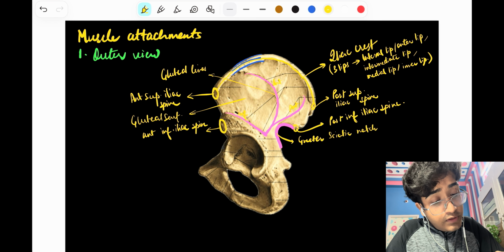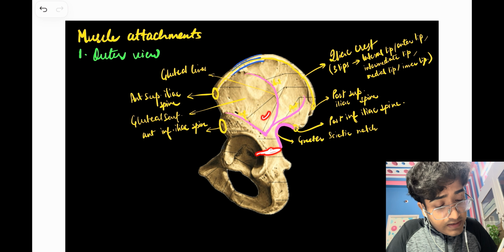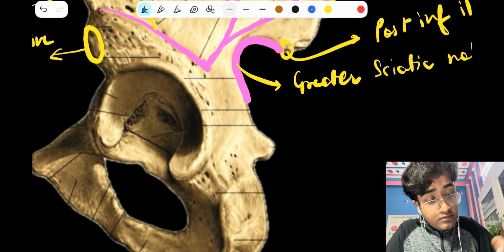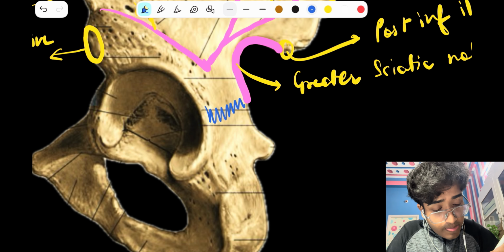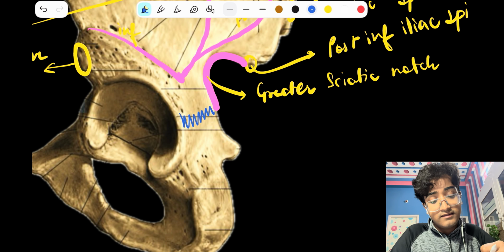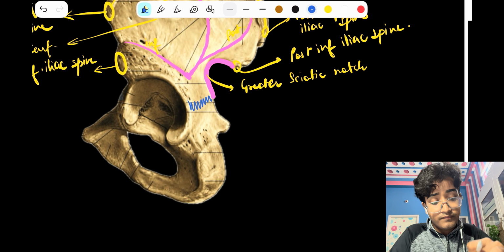Now we'll look into the ischium bone. This one is the ischium bone, and between the ilium and the ischium there is a clear line of demarcation. You can see this line. This line clearly demarcates the ilium bone and the ischium bone.